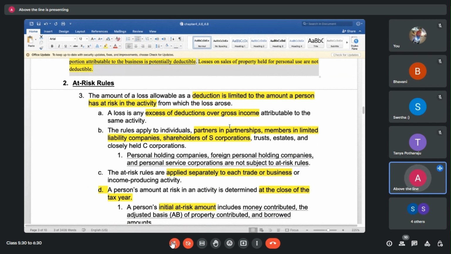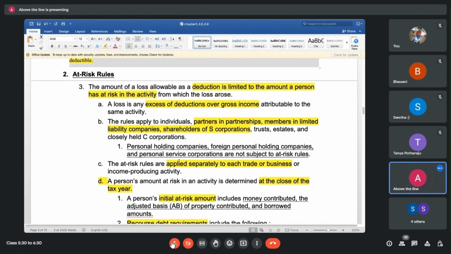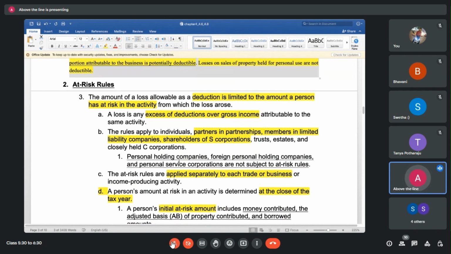So don't go with the assumption that if you are having a loss, you will get the entire break on it. You may still have a liability. We are not saying that the loss will be lost, or that you will not be able to get any benefit out of it. No, it will get carried forward, and maybe next year or in the following years, one may be able to get benefit.